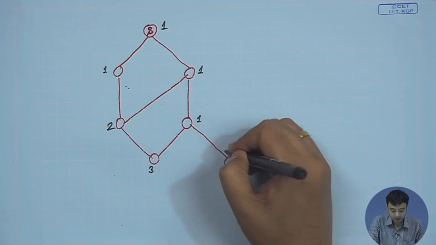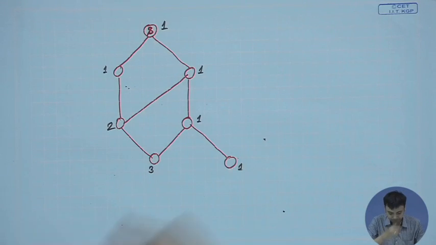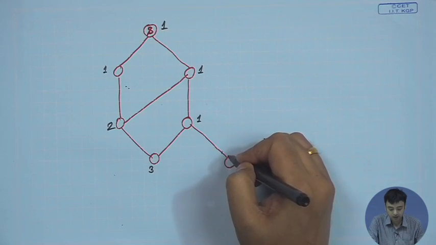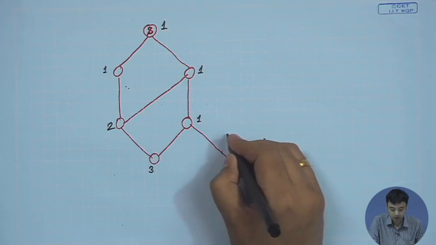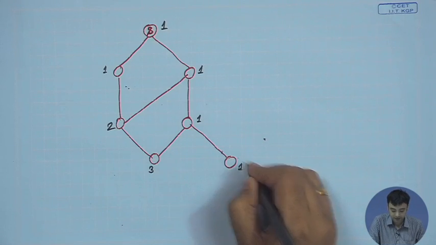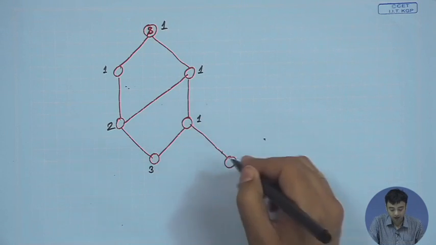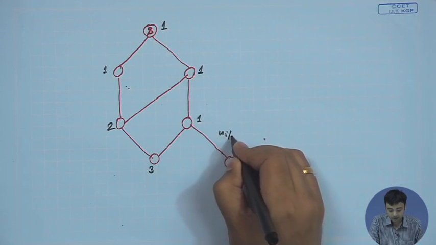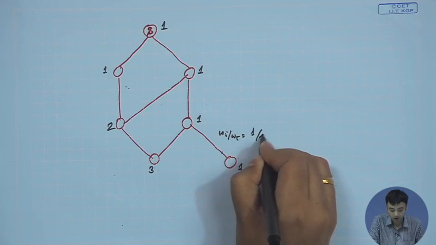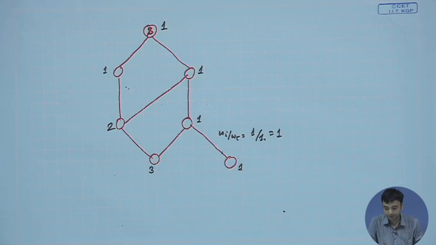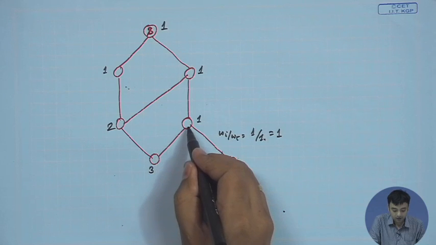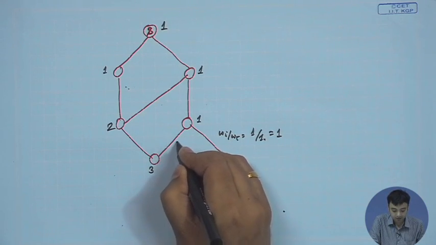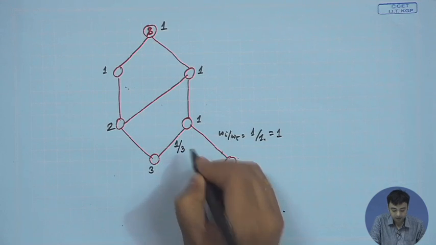For this particular edge, because this node is a leaf node T and this is another internal node I, the fraction here will be Wi by Wt, which is 1 by 1 in this case, that is equal to 1. For this particular edge, it is Wi by Wt, which is 1 by 3.